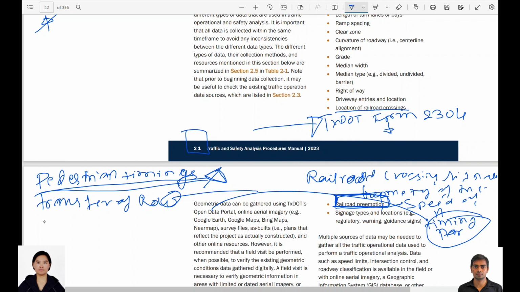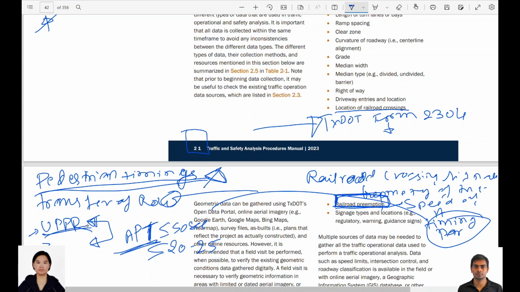There are two different railroads, UPRR and one more, and based on the type of railroad, the advanced preemption timing, APT, has requirements, I think, of less than 50 seconds total time. So APT needs to be less than 20 to 25 seconds based on the type of railroad crossing.